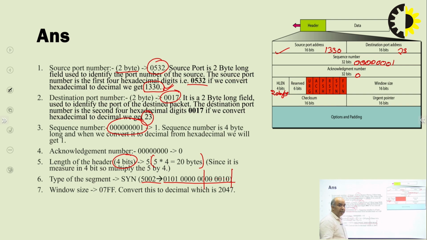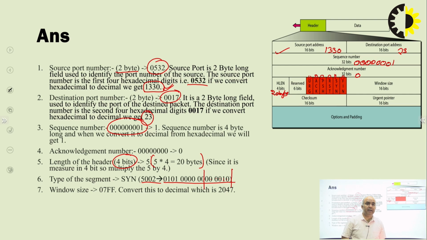Here the second flag is up, so it means the SYN flag is up. The value here is 1, the rest are 0. So we say what kind of segment this is: this is a synchronized segment, the synchronized flag is up, and that has to be defined as 1 in this case.